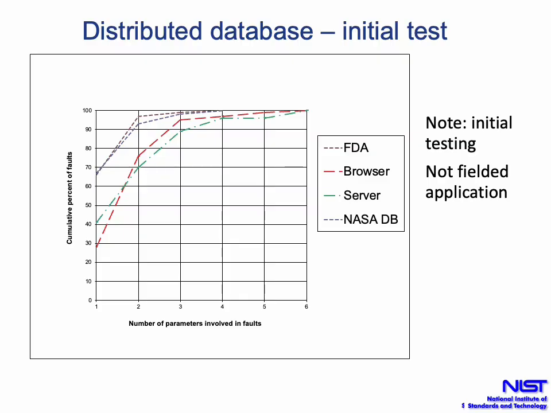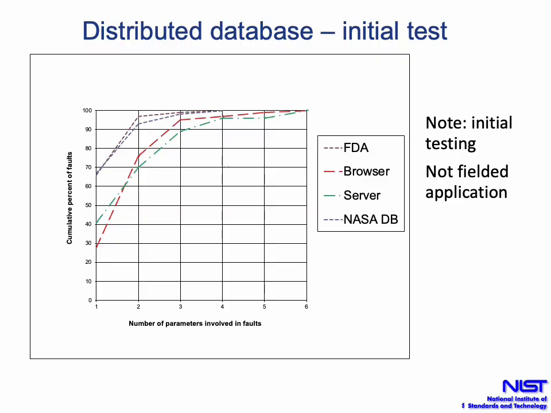The failure profile shown here is a little bit different than the others. In this case, this is in the blue line, the second line from the top that you'll see here. This is initial testing data for a distributed database which was developed by NASA. So the other fault profiles that we've looked at were fielded products or fielded applications, the medical devices, the browser, and the server.